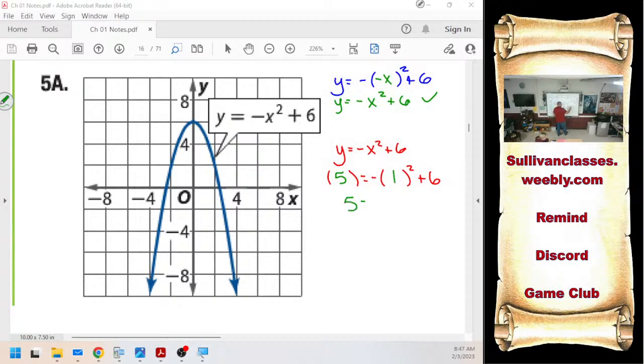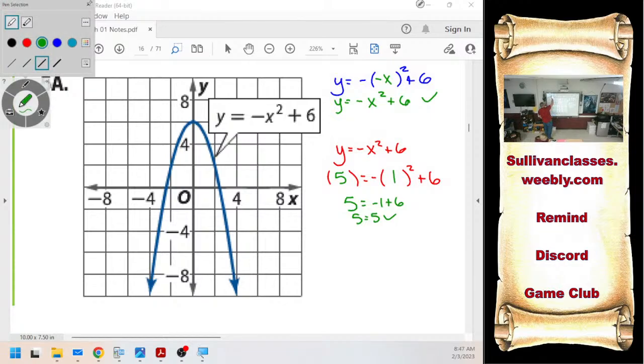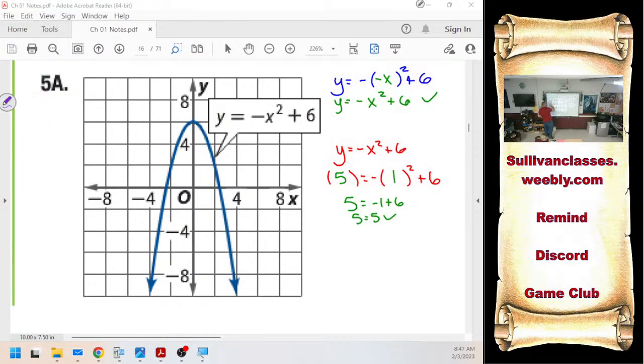And I get 5 is negative 1 plus 6. 5 is 5. Yes, good job, Paul. And then, if that is symmetric to the y-axis, which I've already proven algebraically, I'm going to go back and do the exact same thing with a number to show you that, yeah, this works.